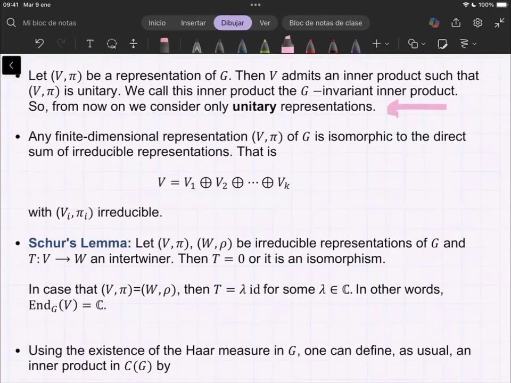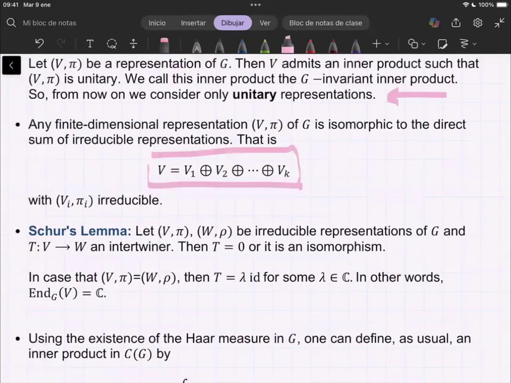As a consequence of having this G-invariant inner product, we can decompose any representation into a direct sum of irreducible sub-representations.